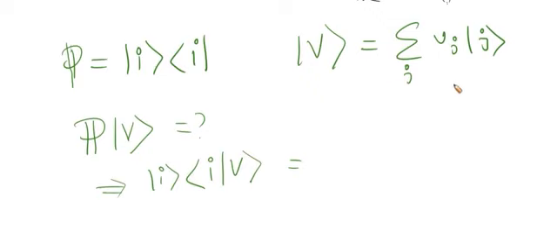So even if you don't write it explicitly, you can always say this is Vi, right? So this is how you can get the component with the basis intact. So this is how projection operations work.